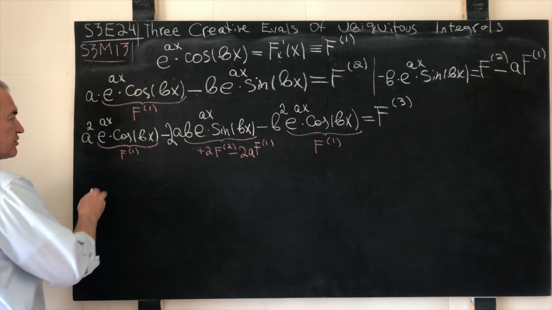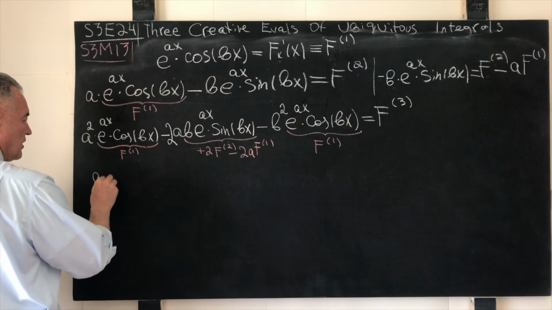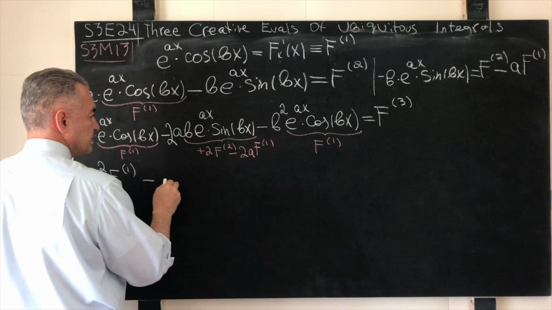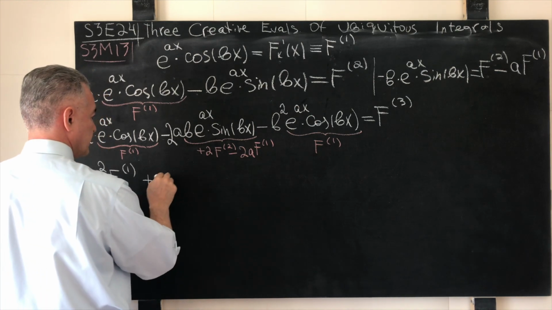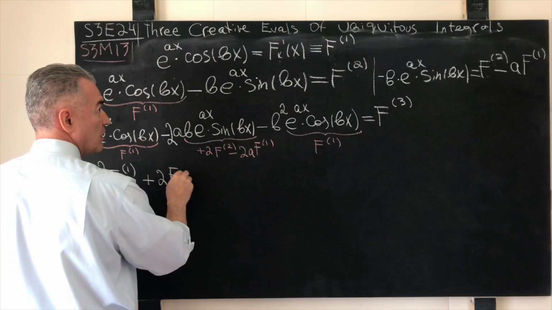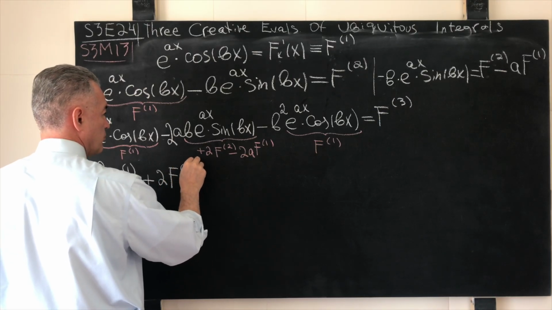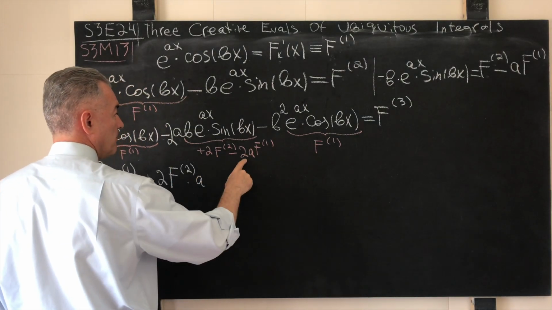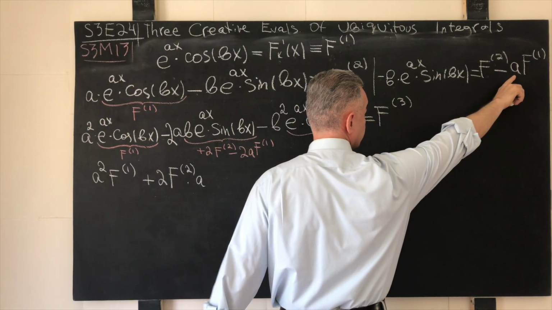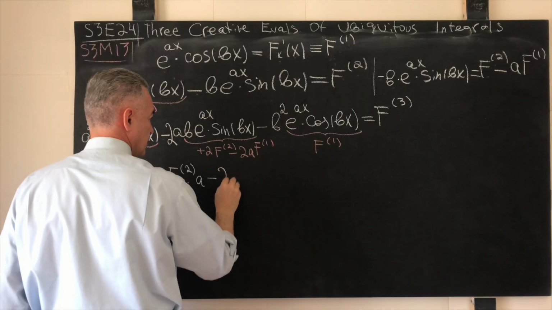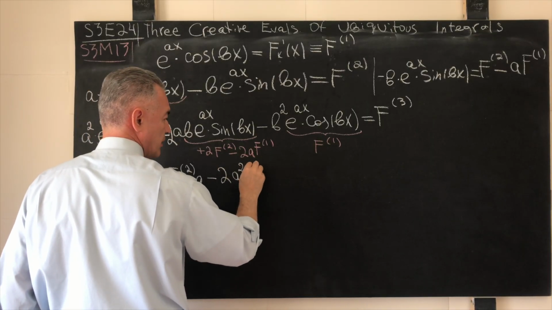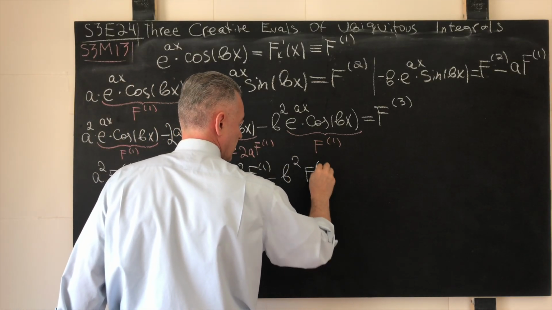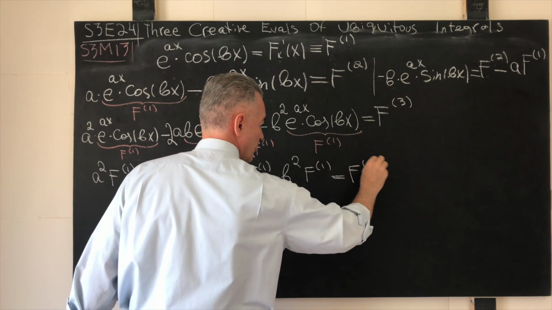So when we bring everything together, what do we have? Let's do this. We have a squared, the first derivative, minus, this is minus with this, plus 2f second derivative, like this, times a, and this a meets another 2a, so we have minus 2a squared f prime minus b squared, the first derivative, equals the third derivative.